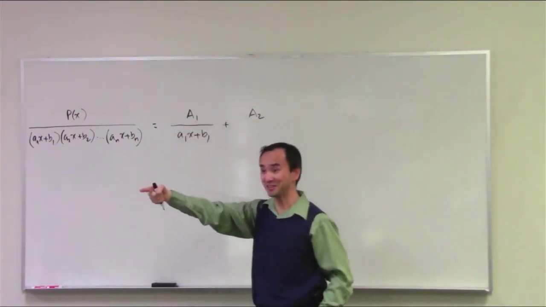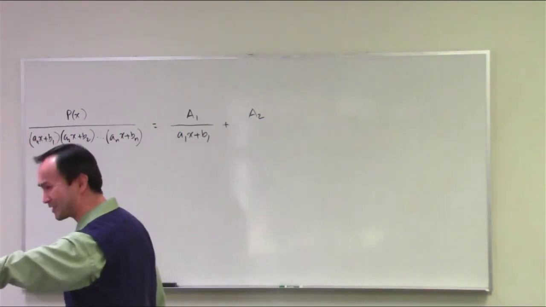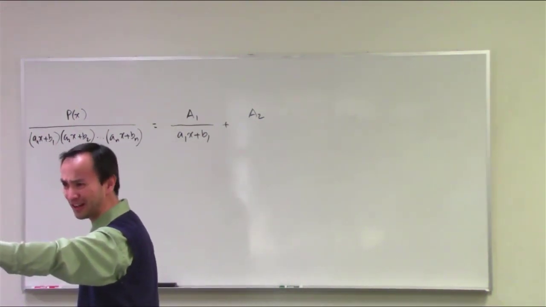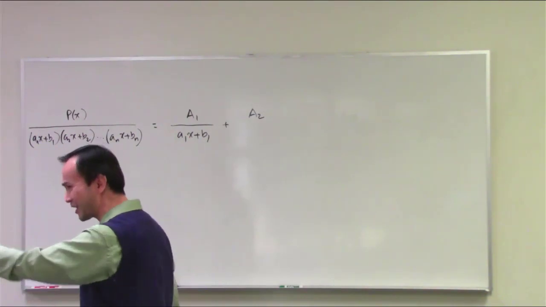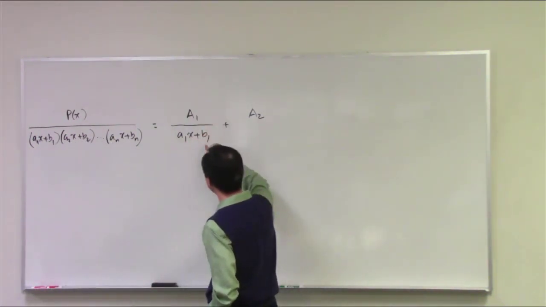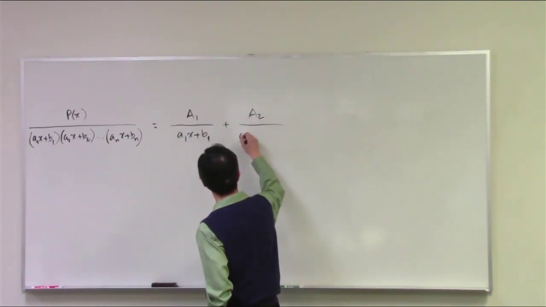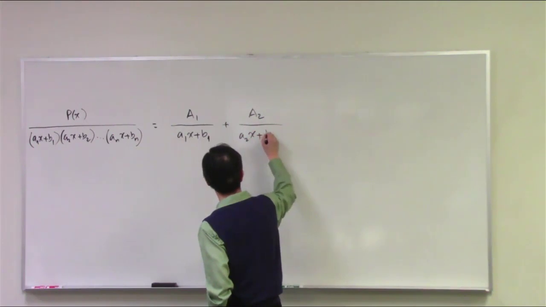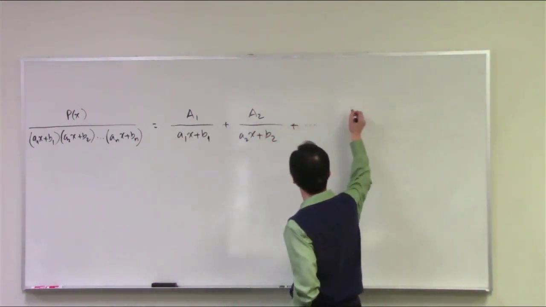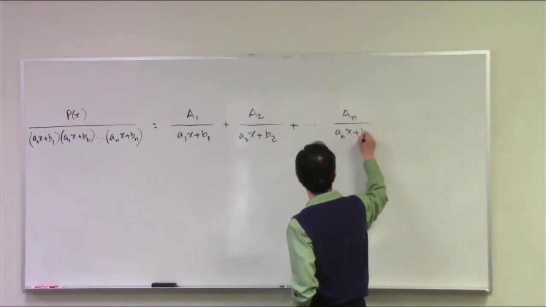Otherwise, if we go with letters, trust me, you're going to run out of letters. We only have 26 letters or something like that, and eventually you're going to run out. So we use indices. So a1 over the first distinct linear factor, plus some coefficient a2 over the next distinct linear factor, so on and so on, up to your last one, an over anx plus bn.